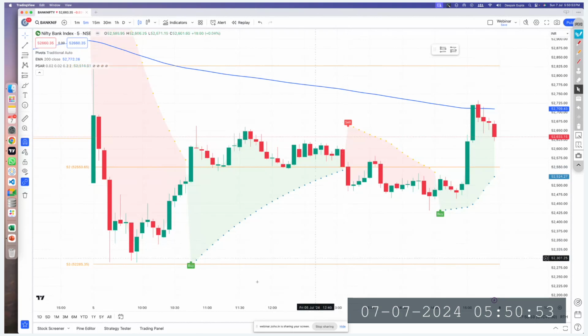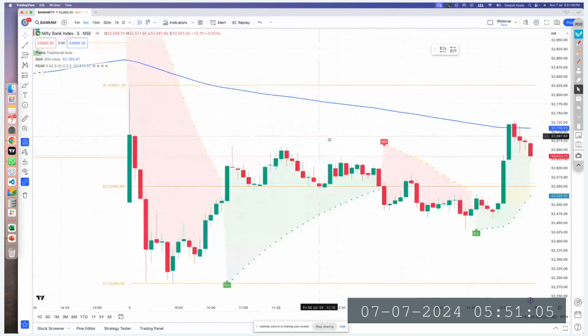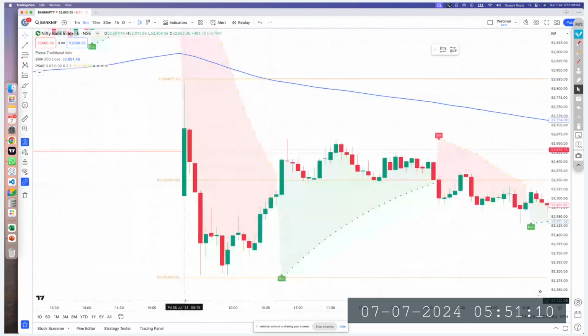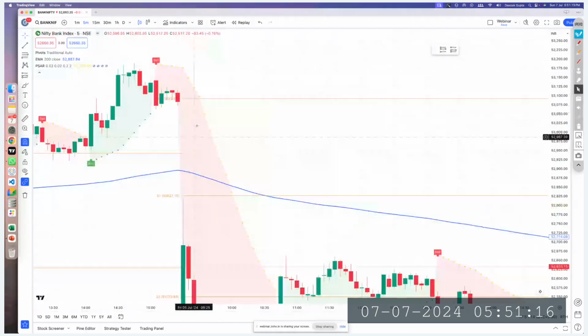Like we identified that on 5th of July, there was a downtrend because the price was below the moving average. So one thing is clear, we are always going to sell. We will not buy because it is a downtrend. Now, if you look at the beginning of the 5th of July, right? So this is where it started. If you look at the beginning of 5th, the parabolic SAR was already in the selling zone.